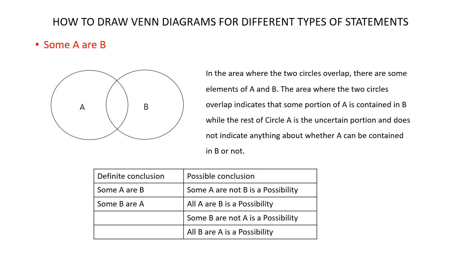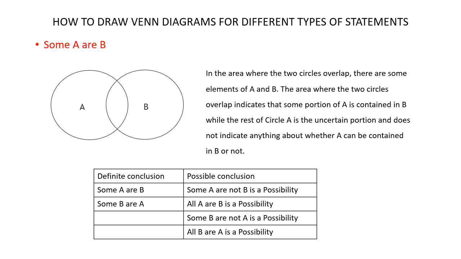Now, as you can see in this Venn diagram, this portion of A is contained within B. This means this portion of A is B, that is some A are B. So, some A are B is a definite conclusion. Also, you can see here that this portion of B is contained within A. This means this portion of B is A, that is some B are A. So some B are A is also a definite conclusion.